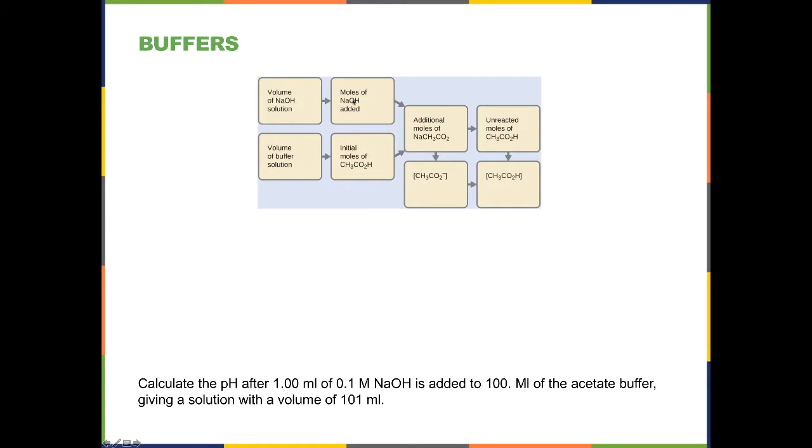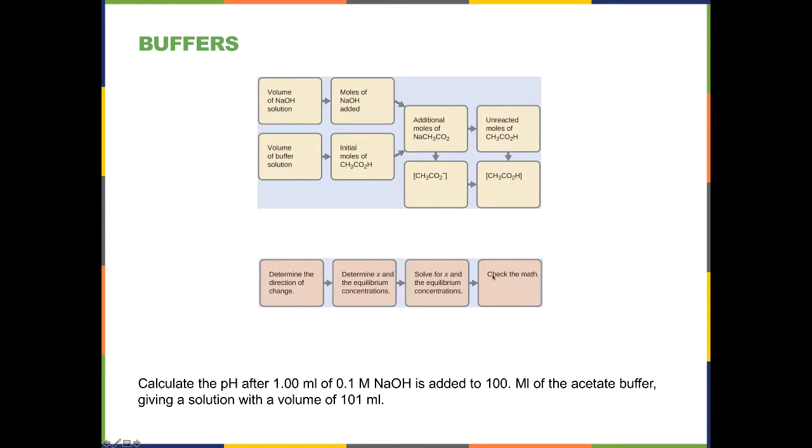When you add this hydroxide, it's going to combine with this to form a little bit more of the acetate, and it's going to leave a little bit less acetic acid behind. Then you use the little bit less and the little bit more and the new volume of 101 to calculate these two concentrations, and then you put these new concentrations in your equation and do the same thing again.